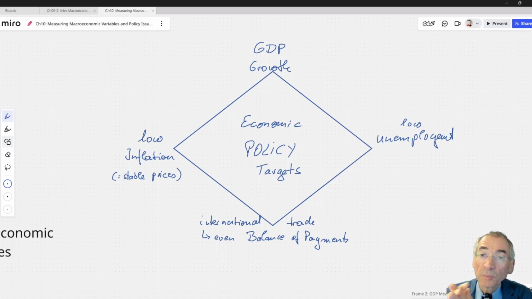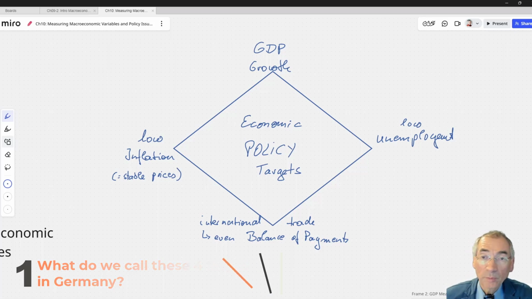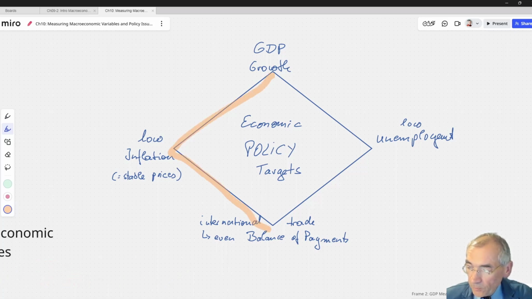And as we are in Germany, I want you to think about or to research, how do we call this construct in Germany? And in fact, we refer to this geometric form here, and we give it a specific name. That's number 1.